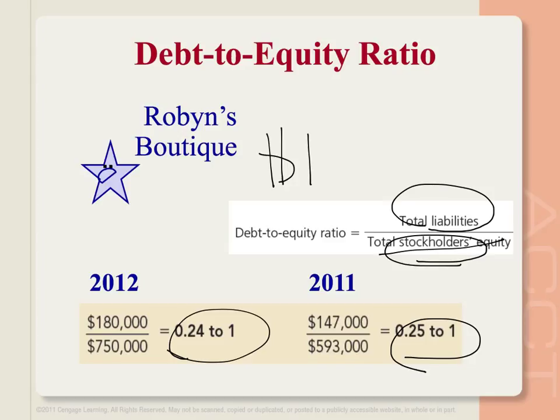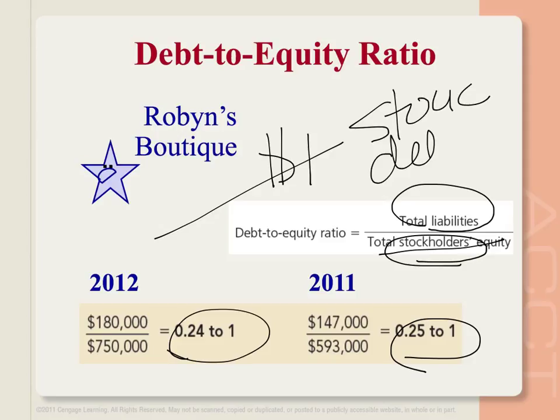Low debt to equity ratios indicate a preference to raise funds through equity, which means selling stock, and a tendency to avoid the higher risk of going out and getting a bank loan. So what this means is low debt to equity, which is what this is, a preference to raise funds by selling stock as opposed to going out and creating debt or getting a loan.